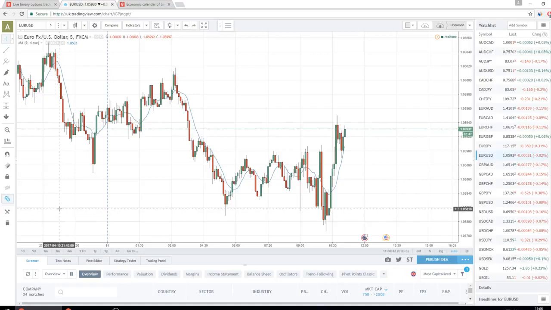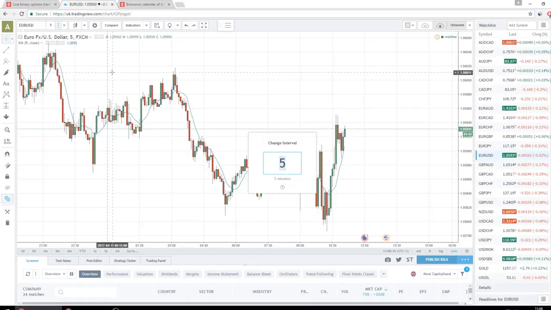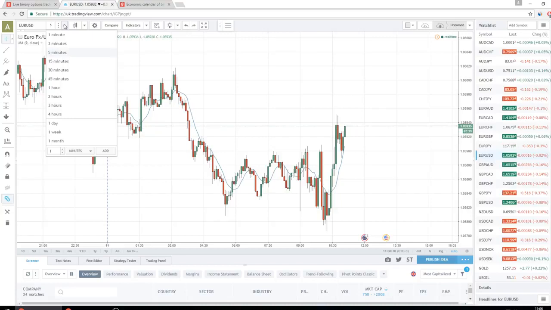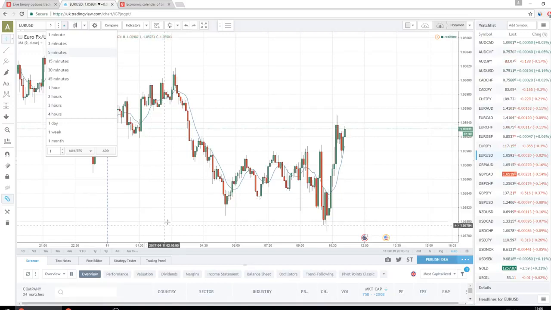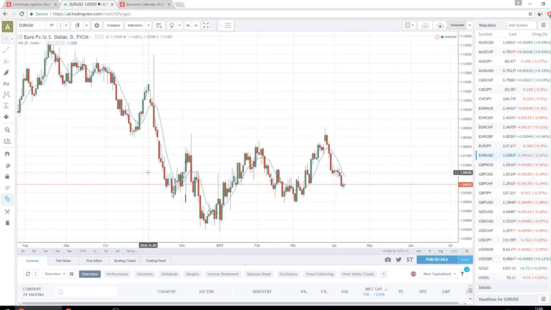So basically, from the start, simple moving average can help you to determine the direction of the trend and the probability of trend change. So what does it do and how to use it?